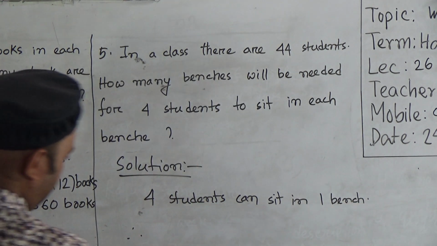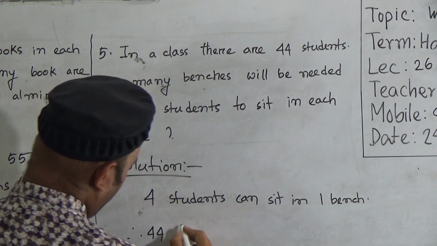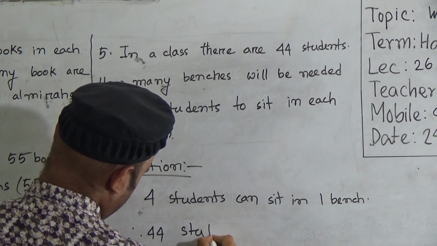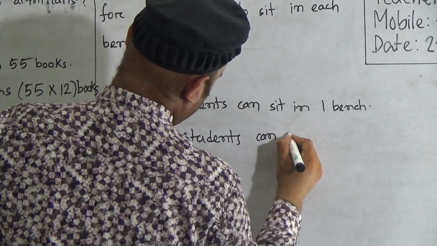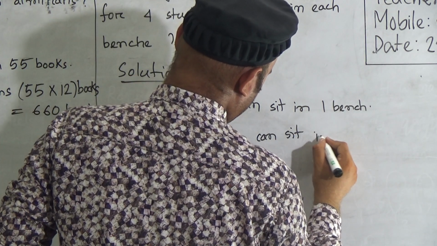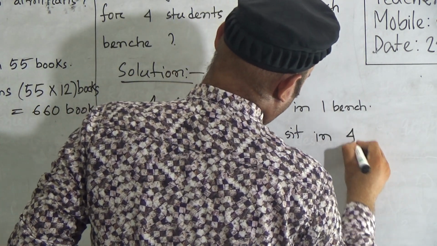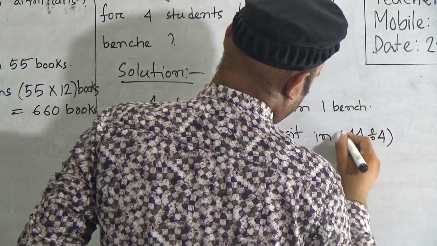Therefore, 44 students can sit in 44 divided by 4 benches.